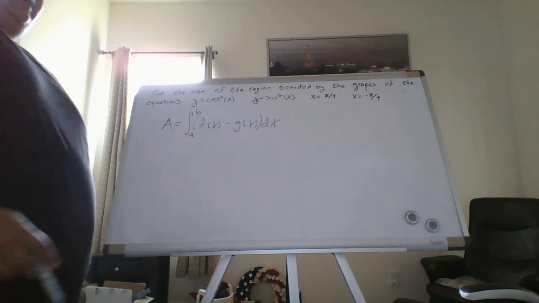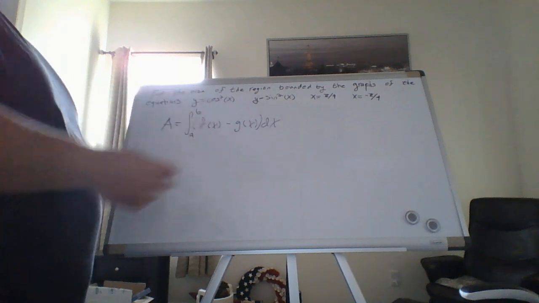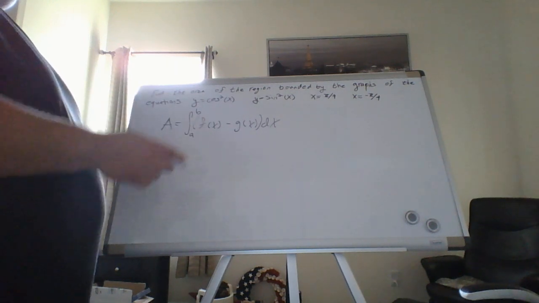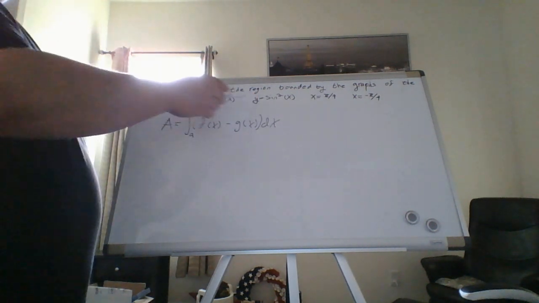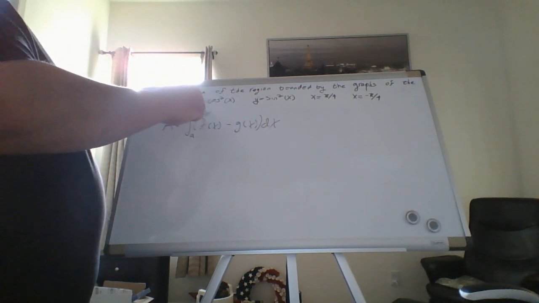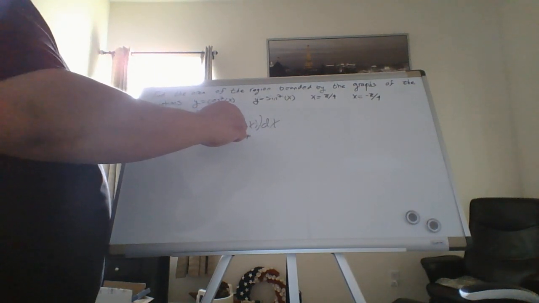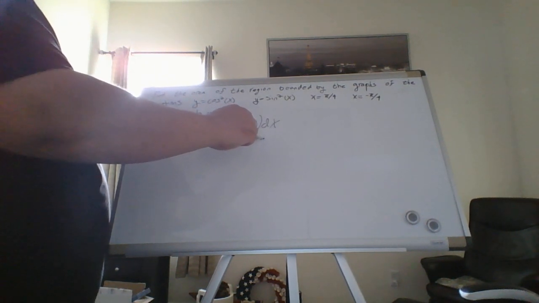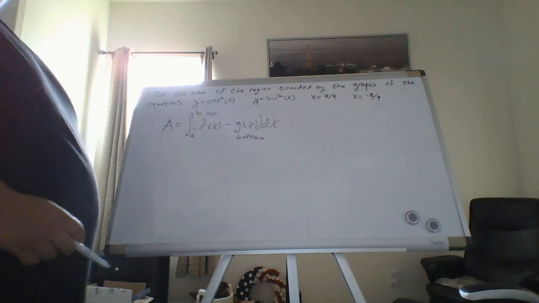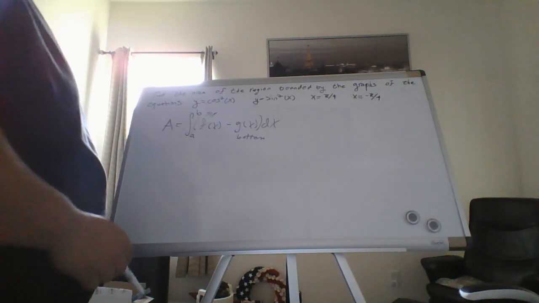Now, in order to find these two, because these are the major two things you need to find, you need to know which one of these functions is on top and which one's on bottom, because that's going to determine where you put them.